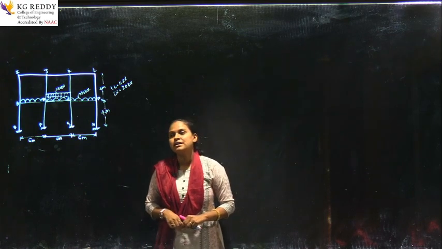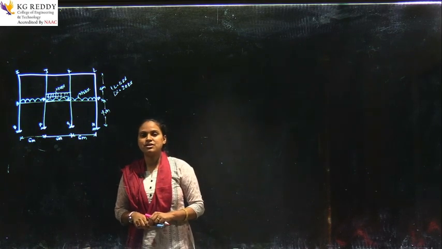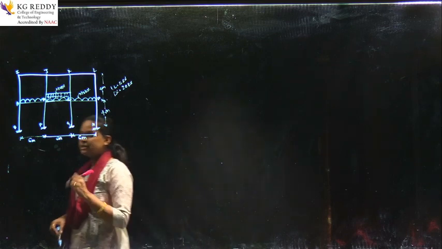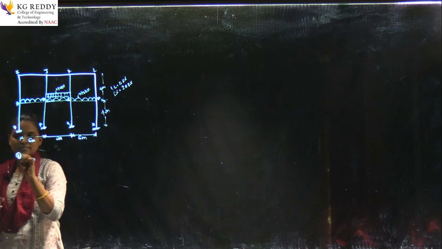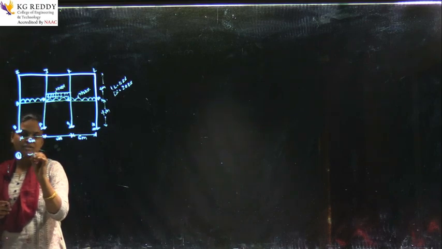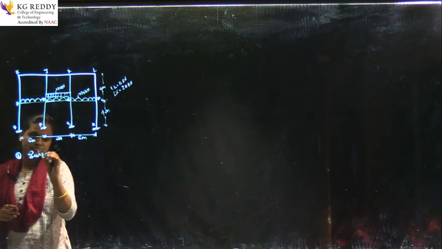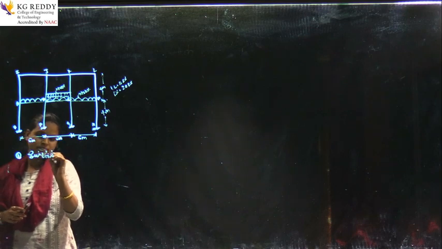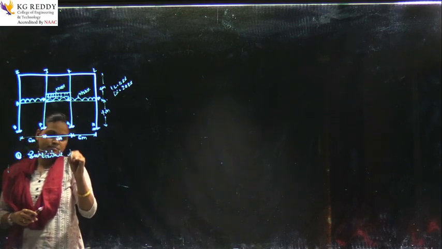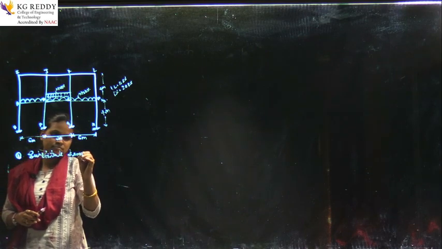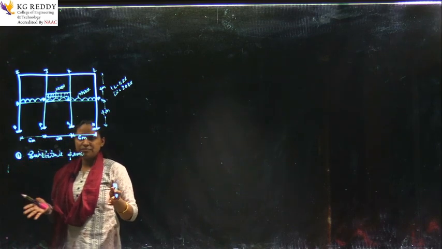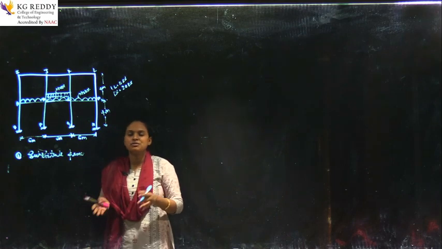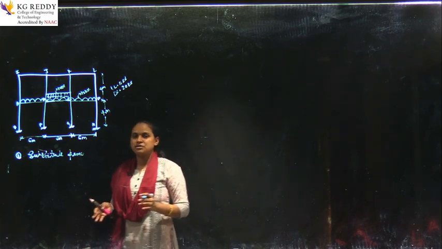Okay, students. Remember, so what is the first step? The first step for the analysis is to make the substitute frame. Yes, what is a substitute frame? The main frame which is subjected to loading and which you will analyze for the complete procedure, right.